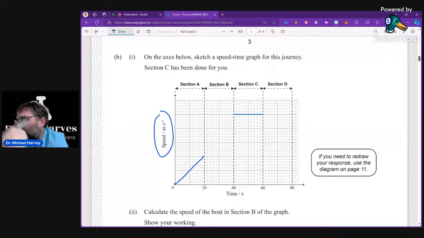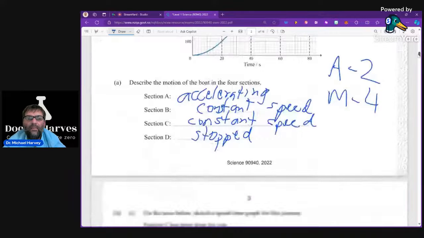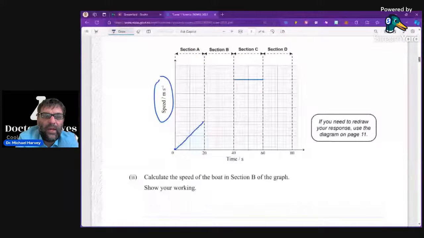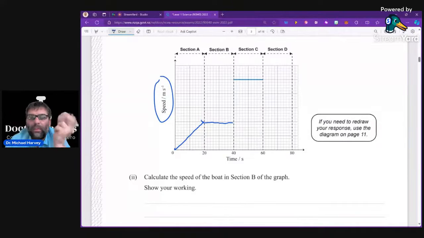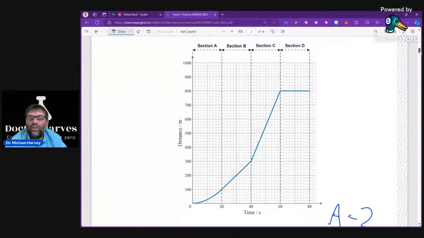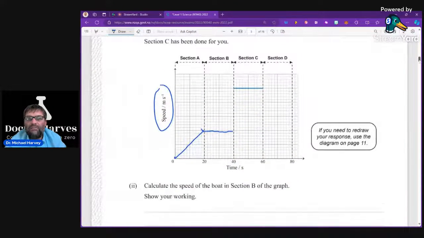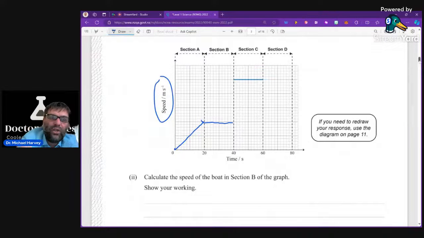Because it's constant speed in section B in the distance time graph we've already done, that means for part B the speed graph is also a flat line. Remember, I mentioned in the first question that the gradient of section C is greater than that of section B. They're both traveling at constant speed, but one has a greater gradient, so it just jumps up like that.